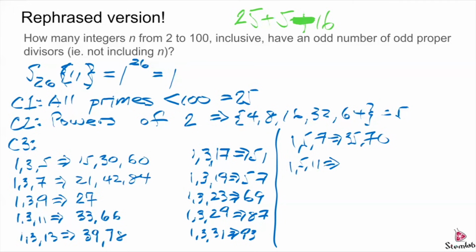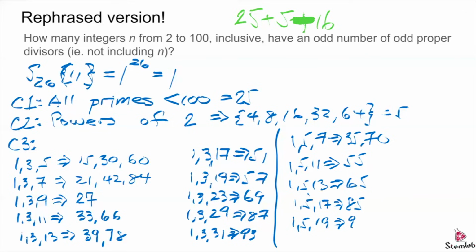The next prime basically gives us 55. 1, 5, 13 gives us 65. 1, 5, 17 gives us 85. 1, 5, 19 gives us 95.